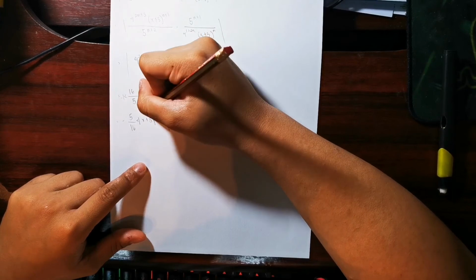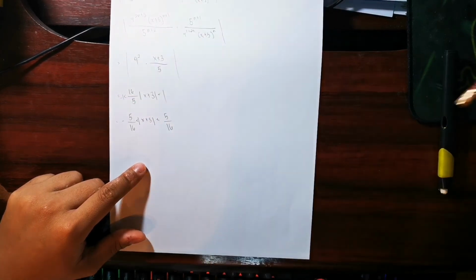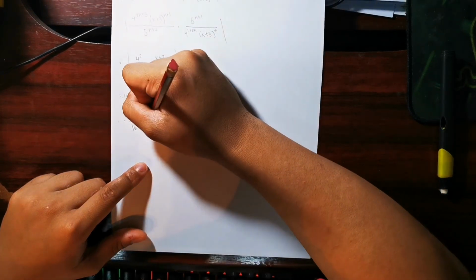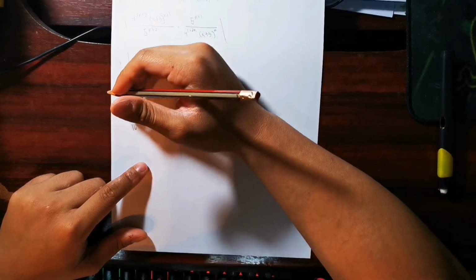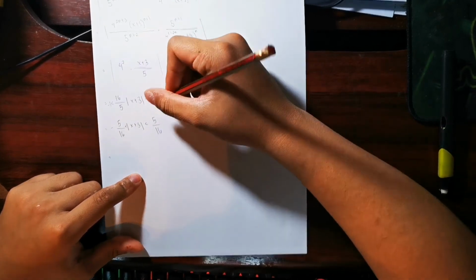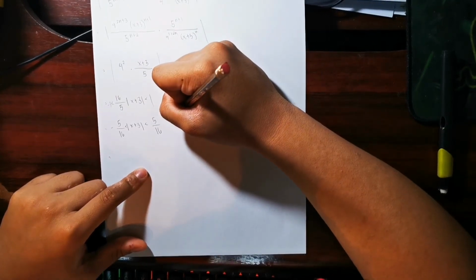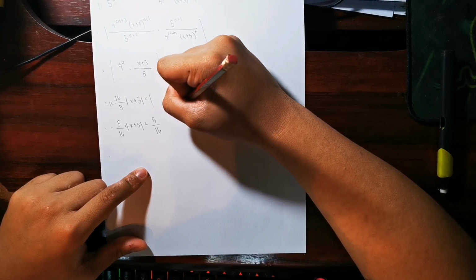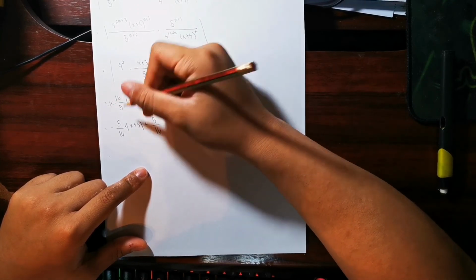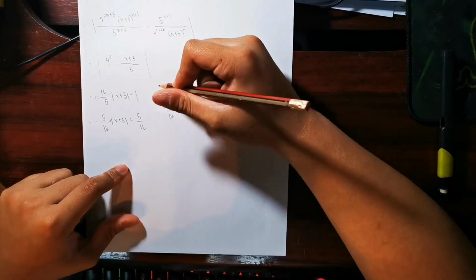So now all you have to do is to subtract the 3 term on both sides. So now we will have negative 5 over 16 minus 3.